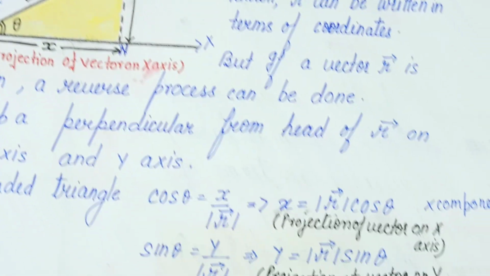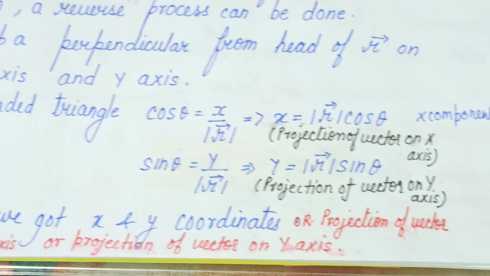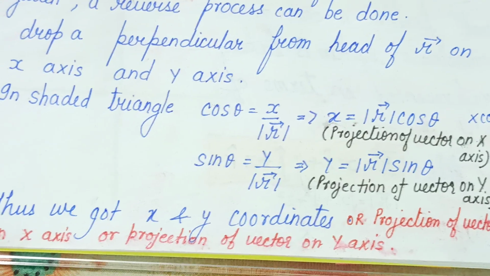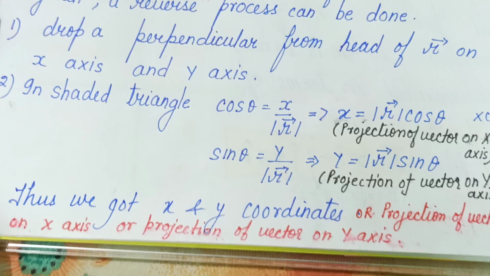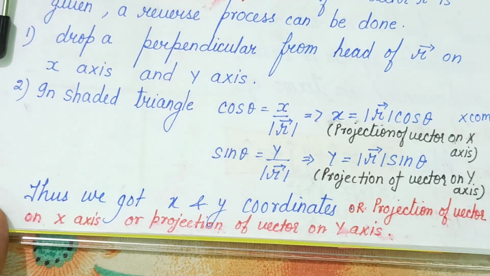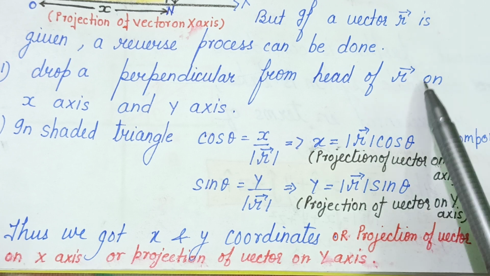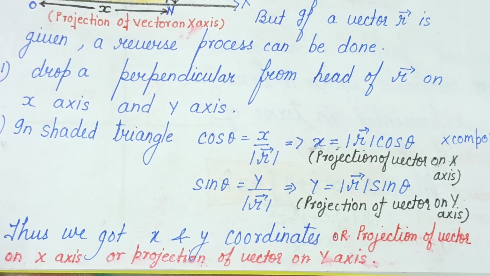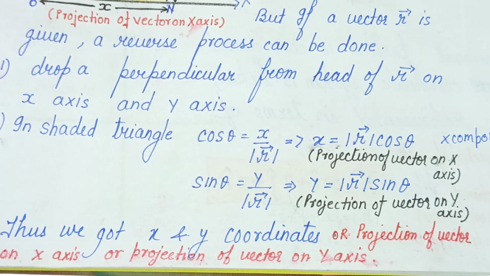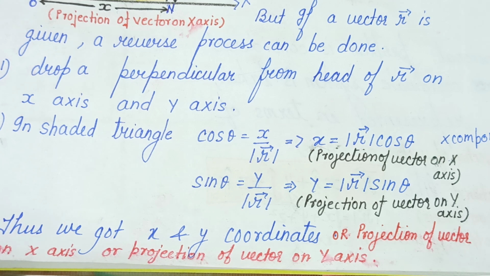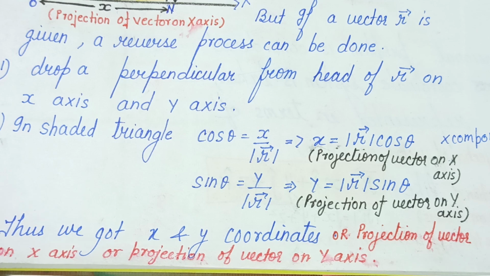Is it clear how we resolve a vector into two components? By dropping a perpendicular and using trigonometry, we will have a sine component and a cos component. So this is the way we calculate the component of a vector.